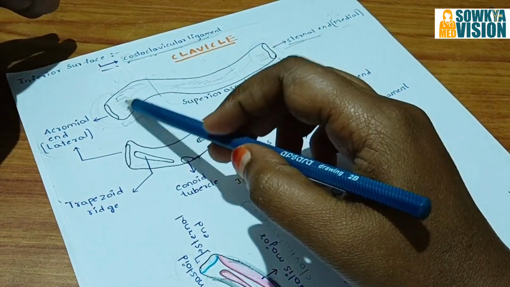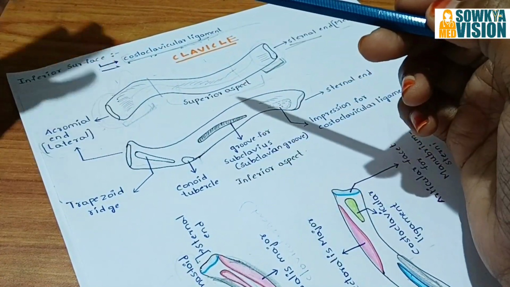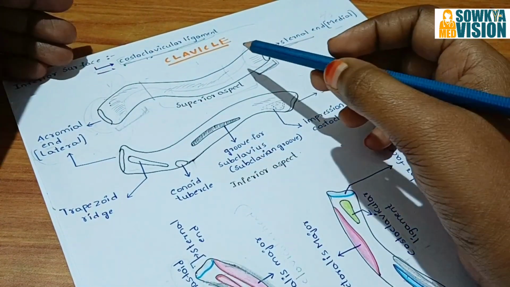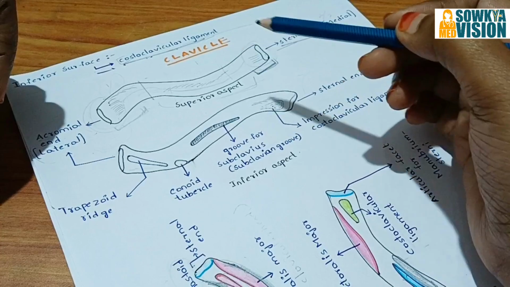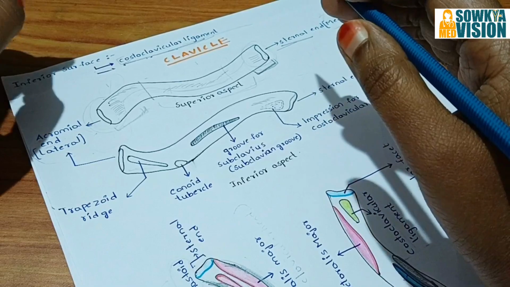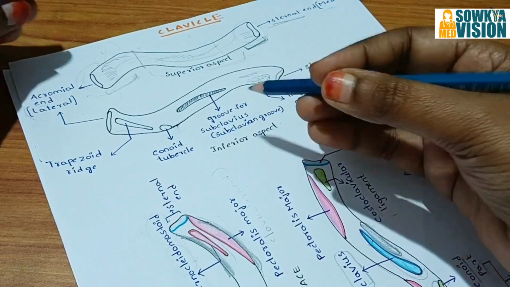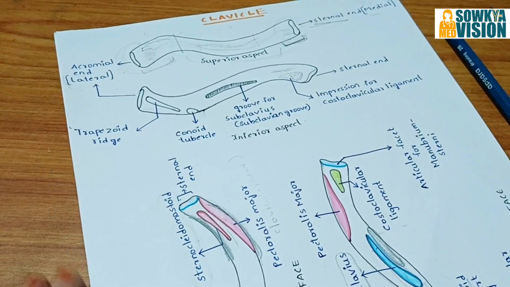The lateral 1/3 contains two surfaces, superior and inferior, and anterior and posterior borders, and the medial 2/3 contains four surfaces, which is quadrilateral: superior, inferior, anterior and posterior surfaces. Yes, the inferior surface contains the nutrient foramen. Yes, and this is the complete brief discussion about the clavicle.